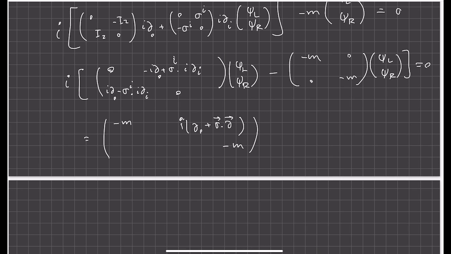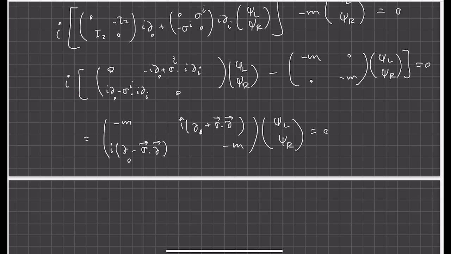And you have the zero component of the derivative. And then we also can take out this I here from here. And then we have the time derivative minus the inner product of the Pauli matrices and the derivative operators. And you have sigma L and sigma R, psi L and psi R.